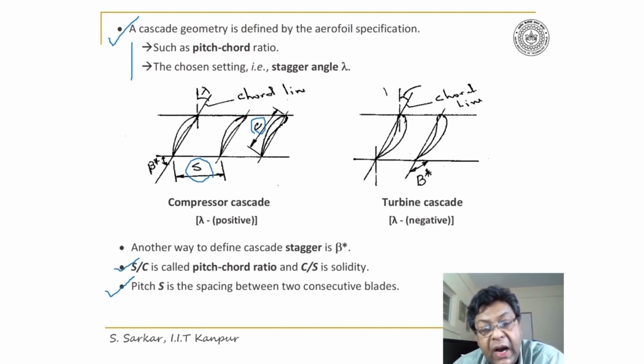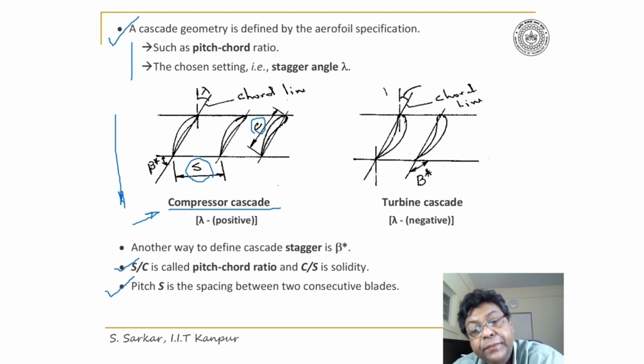Now look, I have indicated both turbine and compressor cascades here. So I'll take first the compressor cascade. Now, if I consider the axial direction, the chord line here makes an angle lambda with the axial direction, and lambda is called the stagger angle.